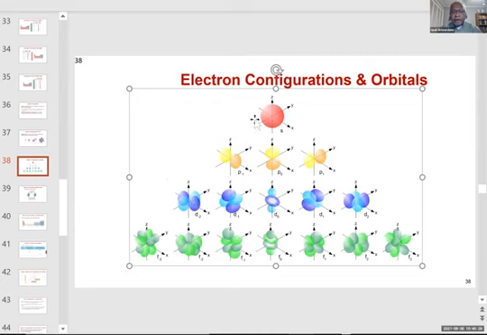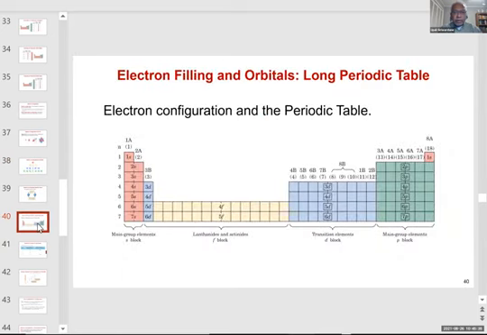Each one can have 2 electrons. So s orbital takes up 2 electrons, with groups 1A and 2A. D orbitals take up 10 electrons, 5 orbitals. F orbitals take 14 electrons.